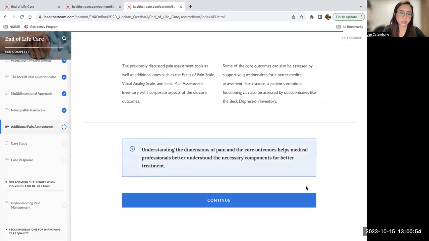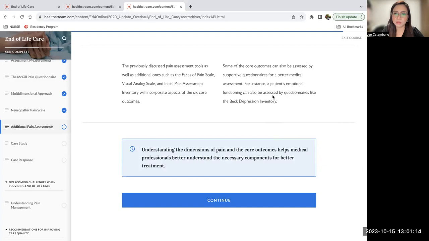The previously discussed pain assessment tools, as well as additional ones such as the faces of pain scale, visual analog scale, and initial pain assessment inventory, will incorporate aspects of the six core outcomes.